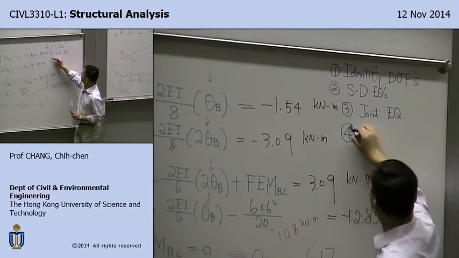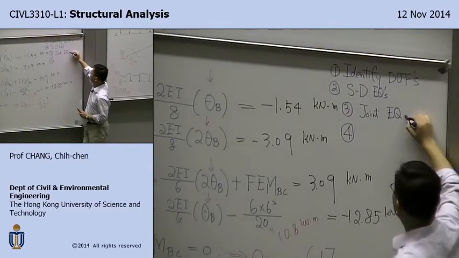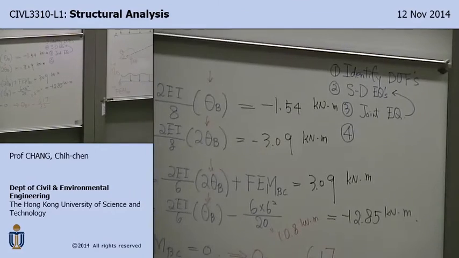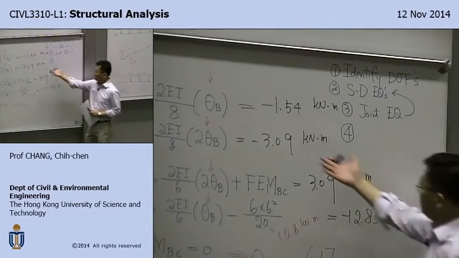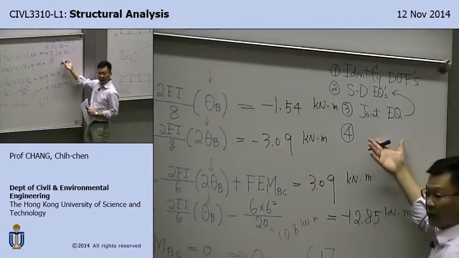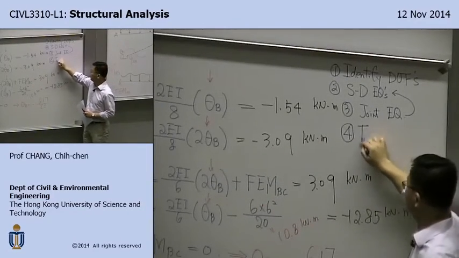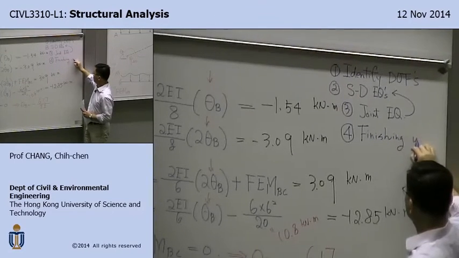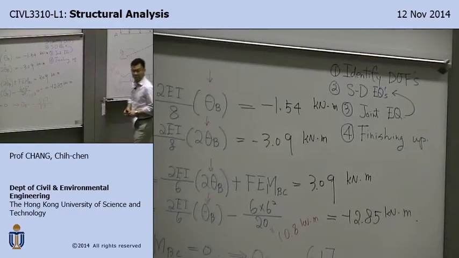And after that, you just substitute this back in there. So you get the end moments. That's step number 4, more like a finishing up. Okay? So very, very systematic approach.